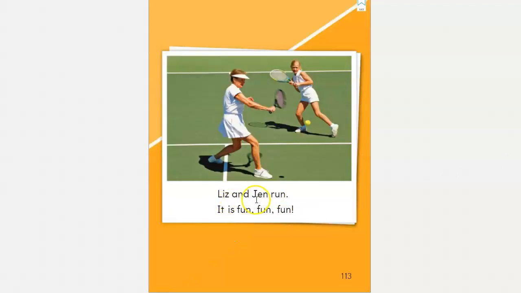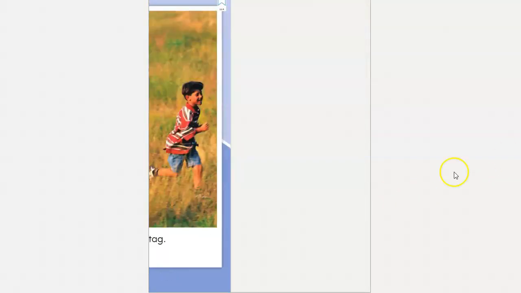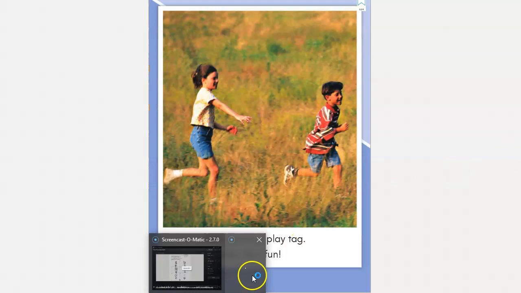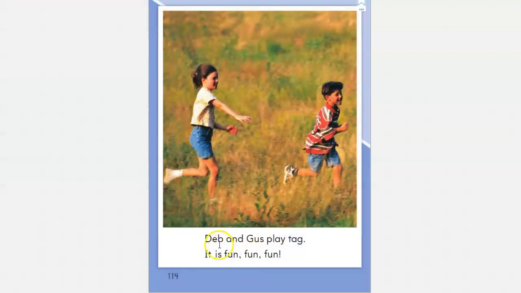Liz and Jen run. Liz and Jen run. It is fun. It is fun. Deb and Gus play tag.